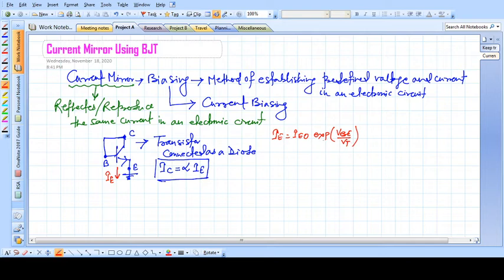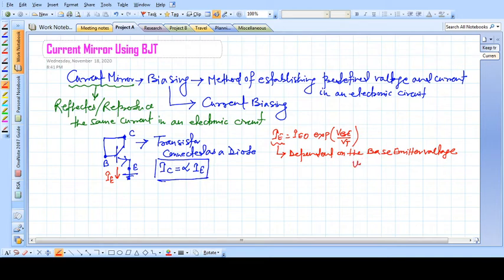Here you can observe that this IE current is dependent on the base emitter voltage, and this is an exponential function.